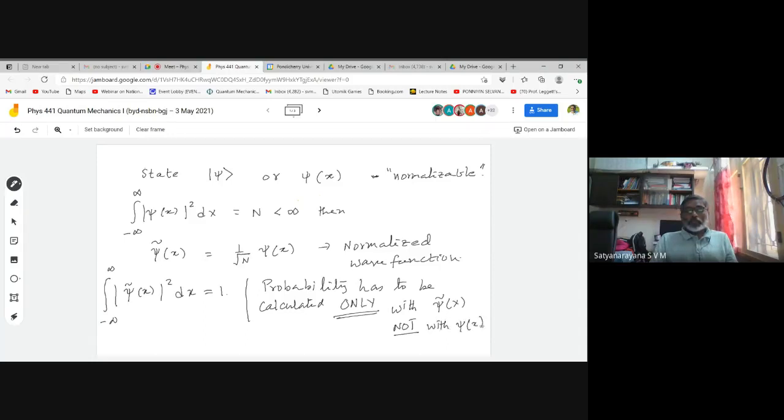That is, you should not use an unnormalized wave function for anything. You should always use only the normalized wave function.